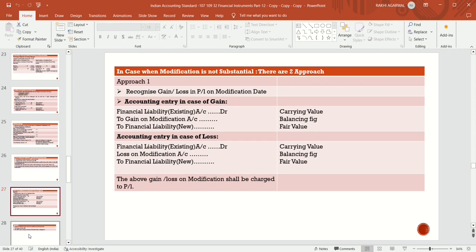Accounting entry in case of gain: financial liability, that is the existing liability account, debit; to gain on modification of financial liability, that is the new liability. In case of loss: financial liability, that is the old existing liability account, debit; loss on modification account, debit; to financial liability, that is the new liability. The above gain or loss on modification shall be charged to P&L.